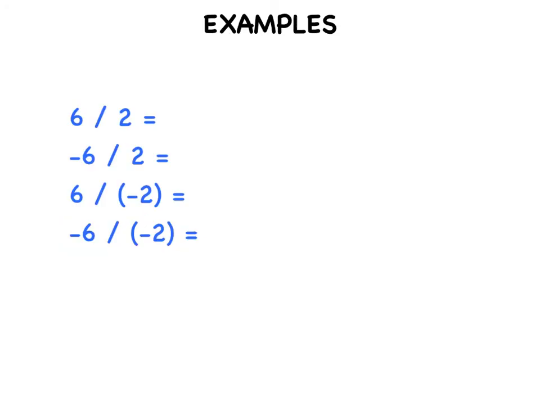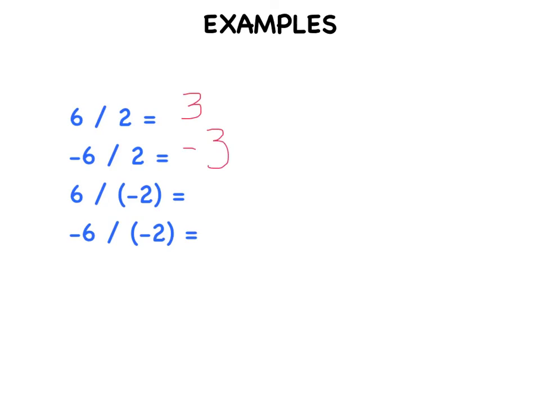Examples. If we have positive 6 divided by positive 2, the signs are the same, so the result is a positive 3. Negative 6 divided by positive 2, different signs, the quotient is negative, so the answer would be a negative 3.